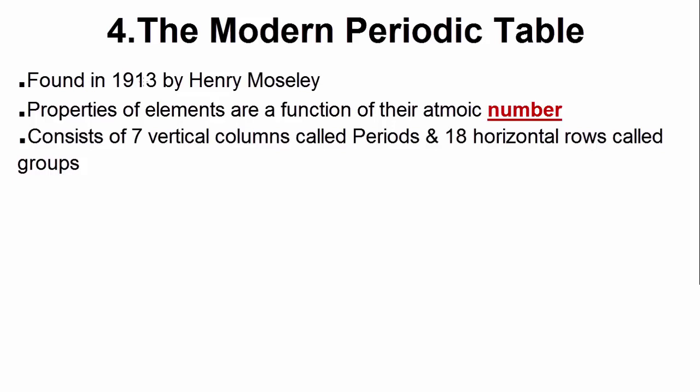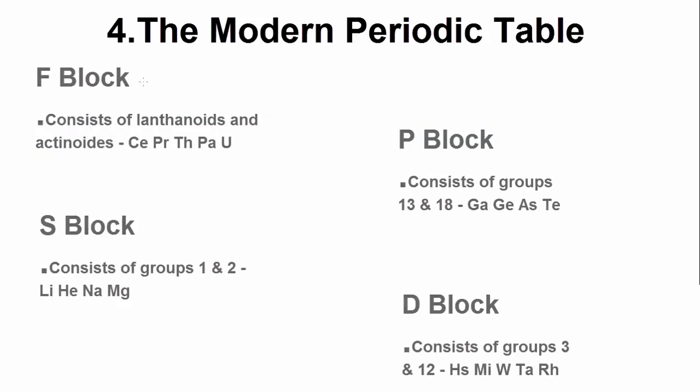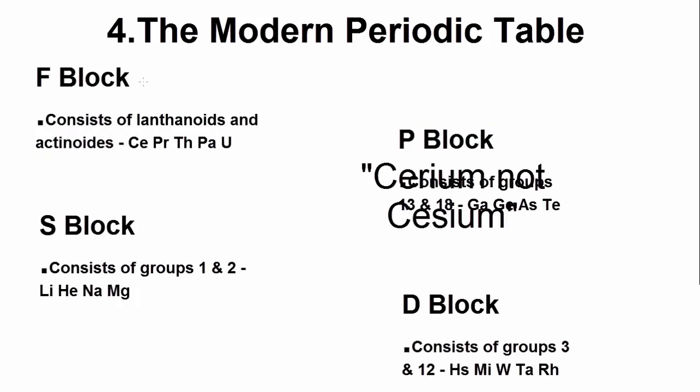And of these 18 groups, 4 blocks were formed: s, p, d and f. Now f blocks are the lanthanoids and actinoids, that's at the bottom, where you have cerium or neodymium.